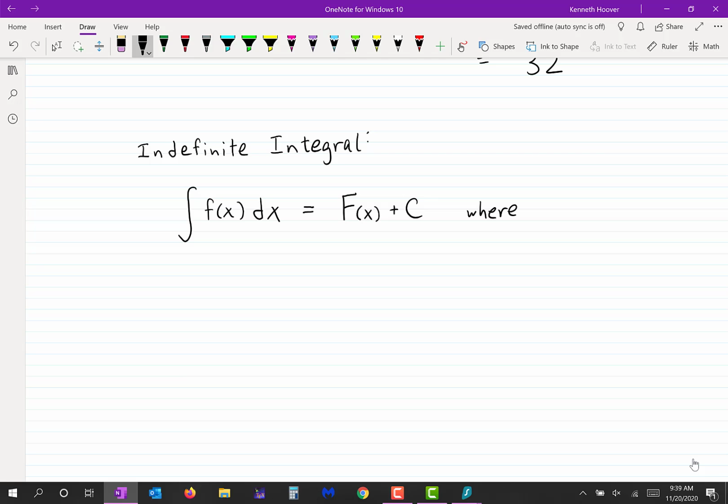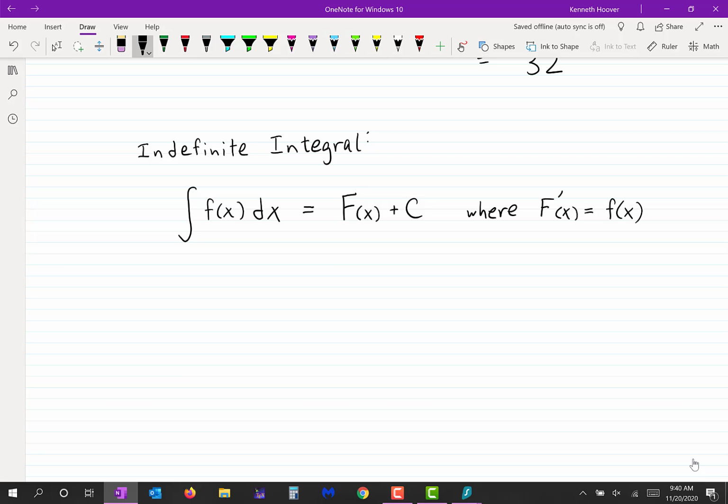In other words, lowercase f is the derivative of capital F. And in fact, I told you that that's how you can check your answer when you do an indefinite integral. You can see if you're right by calculating the derivative of your answer and seeing if the derivative equals the integrand. Okay, so the indefinite integral of little f equals capital F plus c, where capital F prime of x equals little f of x.